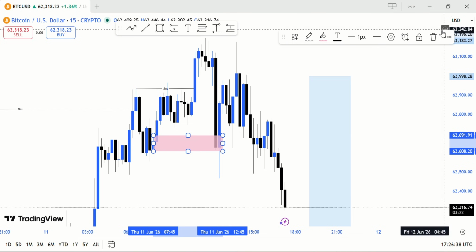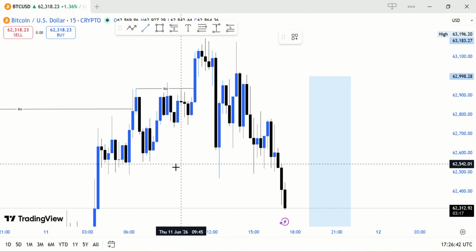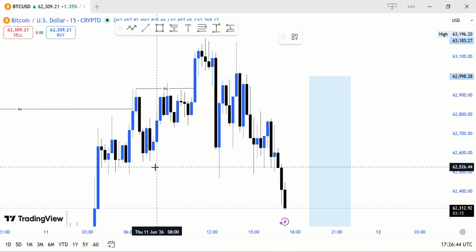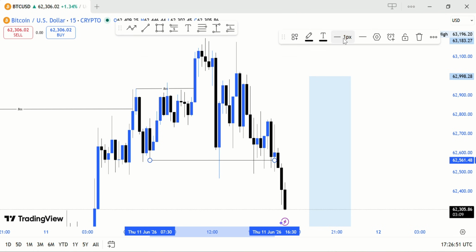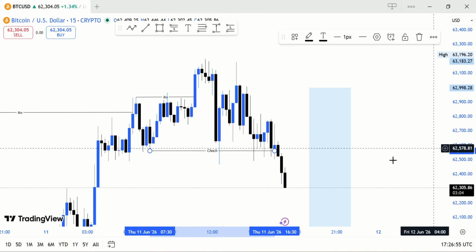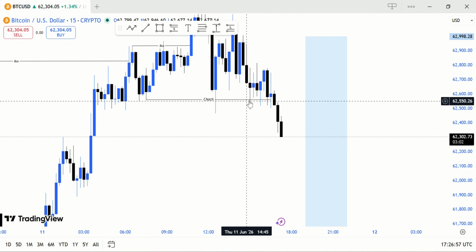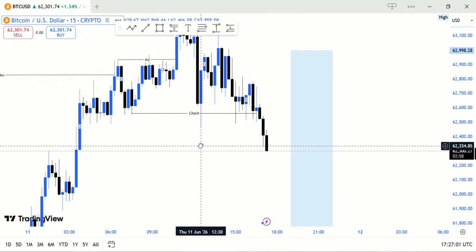Since it was broken, I would say this level is kind of a change of character to me, which means the market is just changing character to the downside.